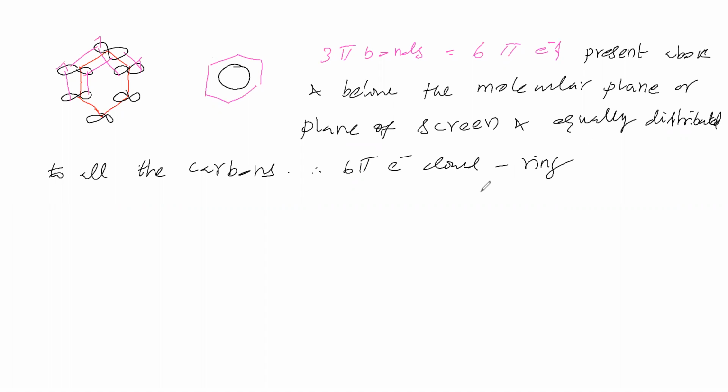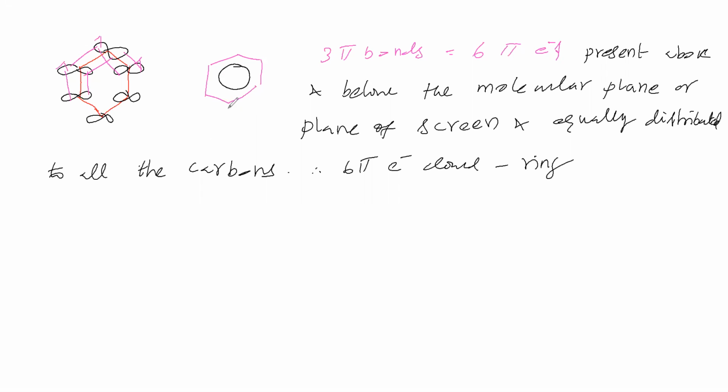So now you say that this 6 pi electron cloud is distributed to all the carbons. Then can we say it is localized? Can we say that the pi bond is present exactly between 1 and 2 carbons?